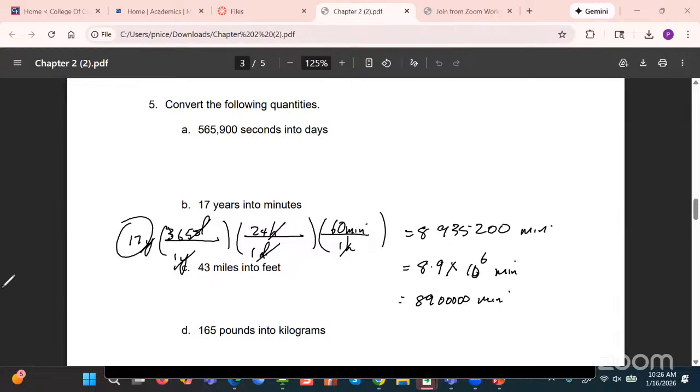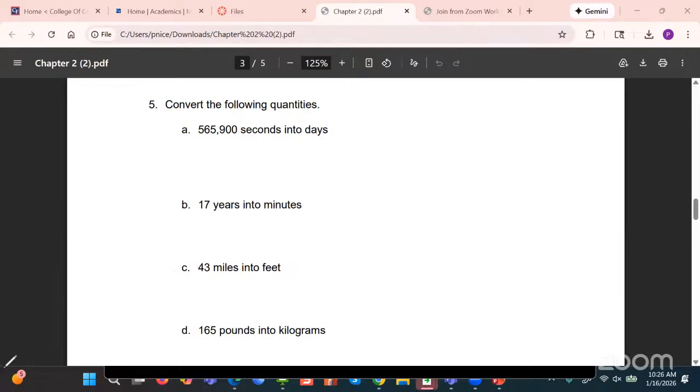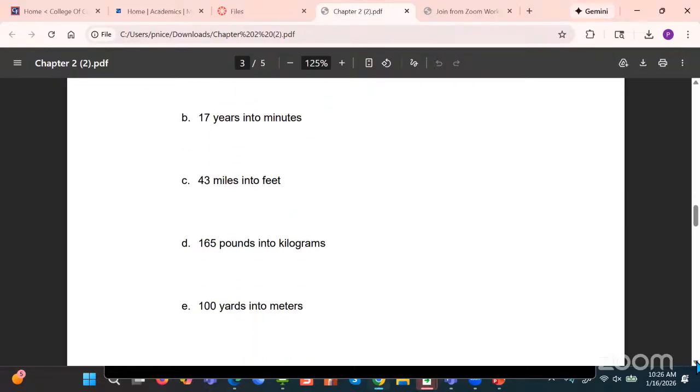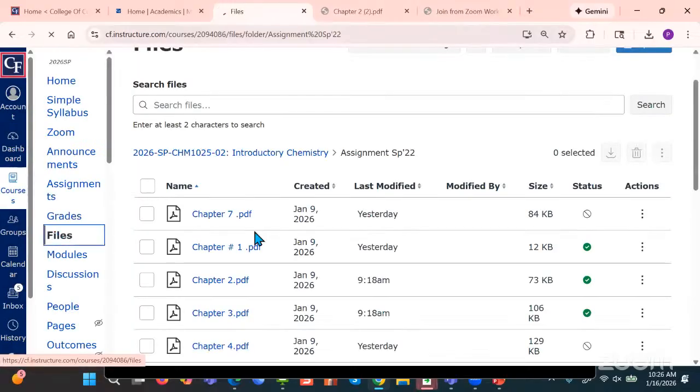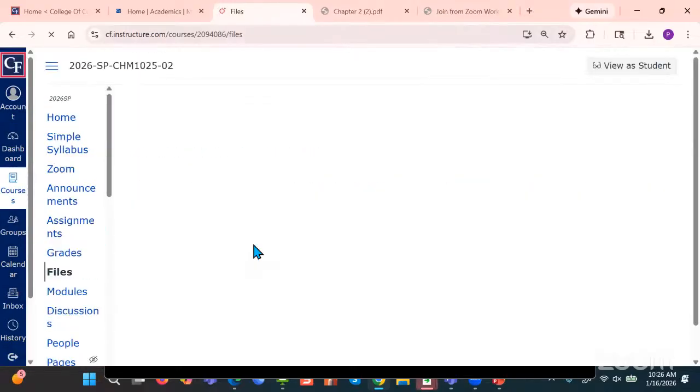Okay, so let's clear this. Move down to the next one, which is 43 miles into feet. Now, for this one, I would expect you to know the relationship between feet and miles directly or indirectly. And that's the reason why, as I told you before, I've provided tables which you'll have access to during your test, right?